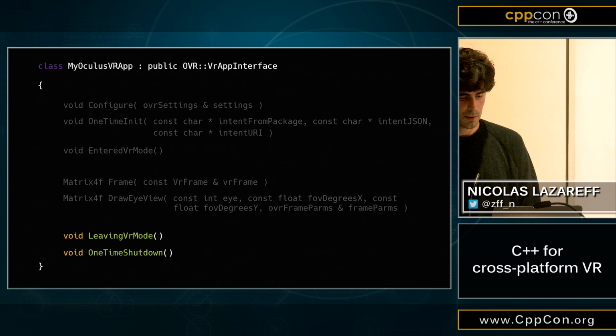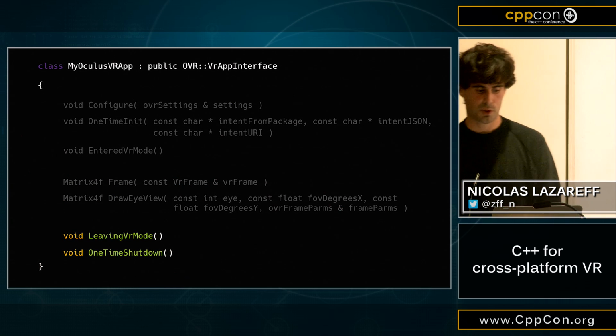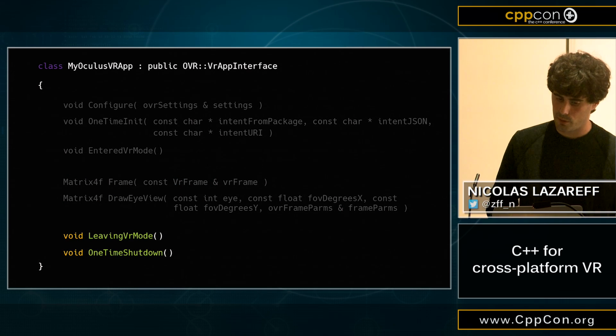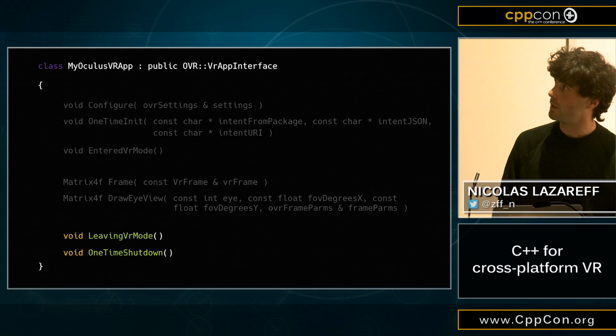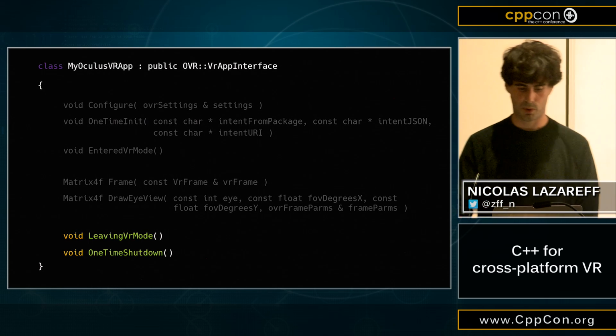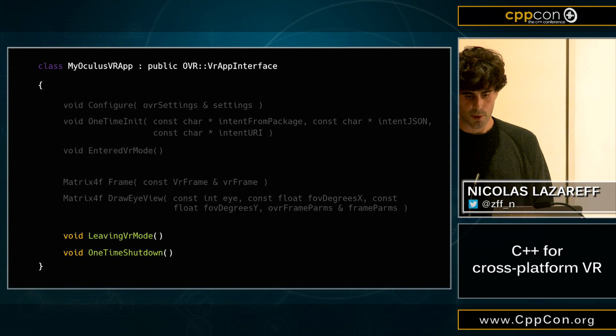And then finally, when it's time to shut down, we shut down. And of note here, Oculus also supports what are called hybrid apps, which means apps that work in VR mode, which is when the phone is plugged into the HMD, and also apps that work when the phone isn't plugged into the HMD. So a library browser, for example, is an example of that.